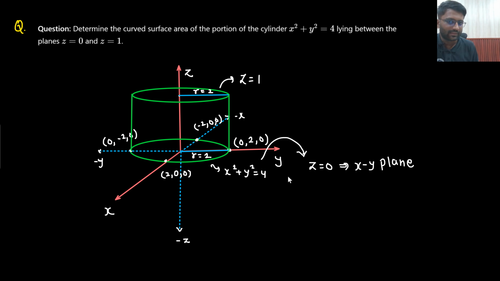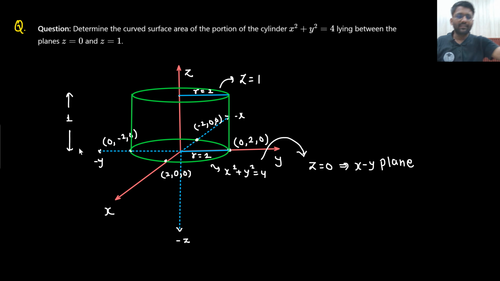This radius is nothing but 2. What is the height? Height is from z equals to 0 to z equals to 1 you are going. That means the height here is 1. Let's show it this side. The height is 1. Curved surface area I need to find.